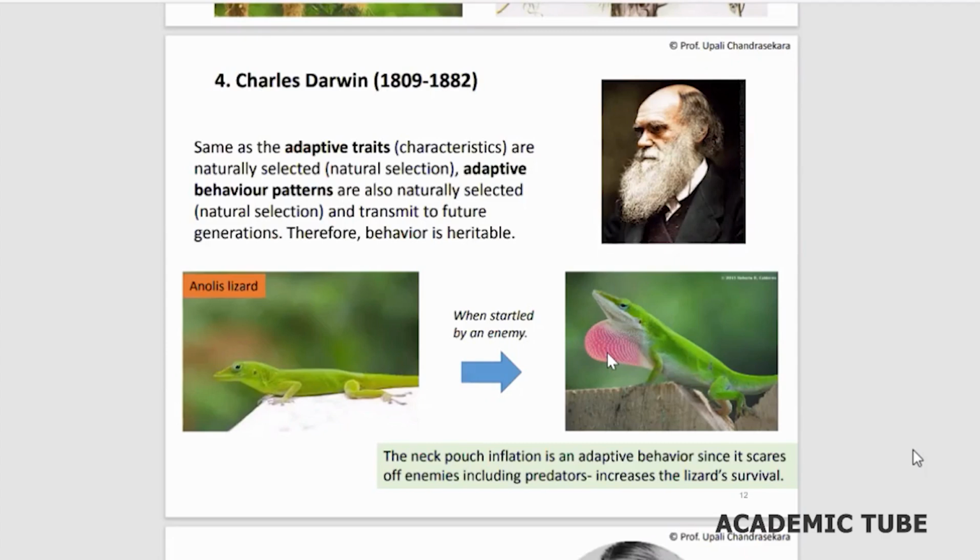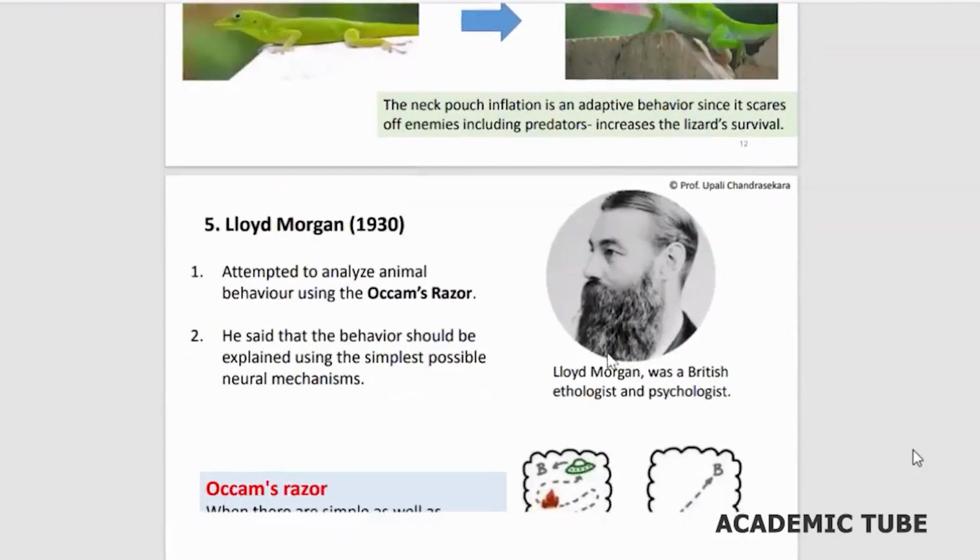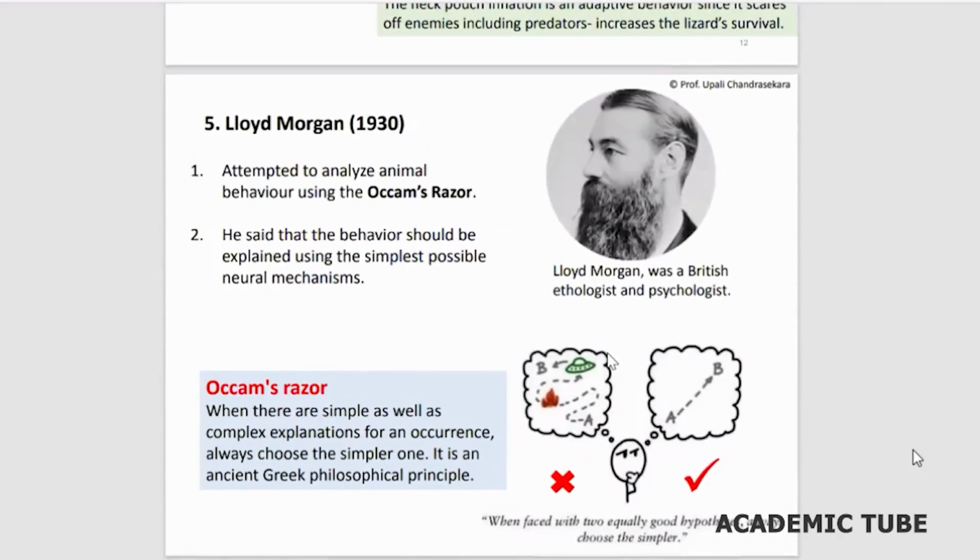So this good behavior is passed to my baby lizards, and they will pass that good behavior to their baby lizards as well. Likewise, this behavior is inherited. And then another person, Lloyd Morgan, he was a British ethologist.